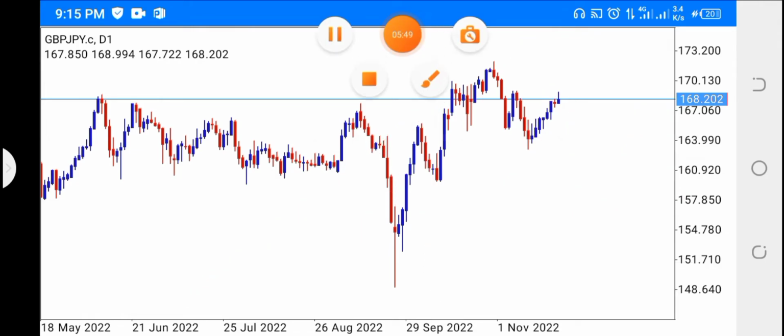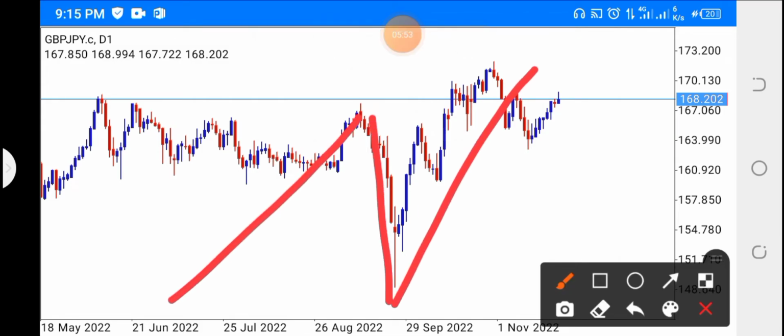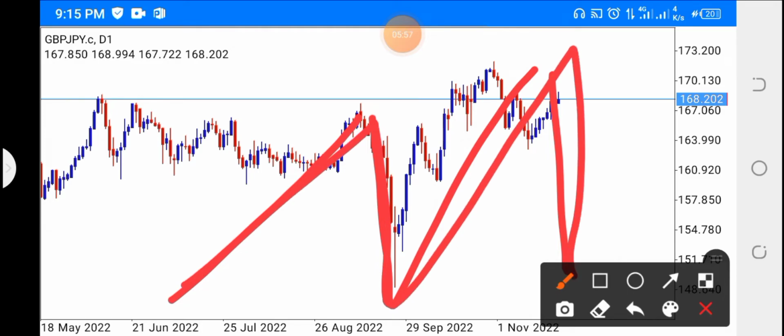So if you already know that price moves in impulse and retracement, or impulse and correction, then when there is an impulse, we have to wait for the next correction. When you determine that this is an impulse, there has to be a correction that follows.